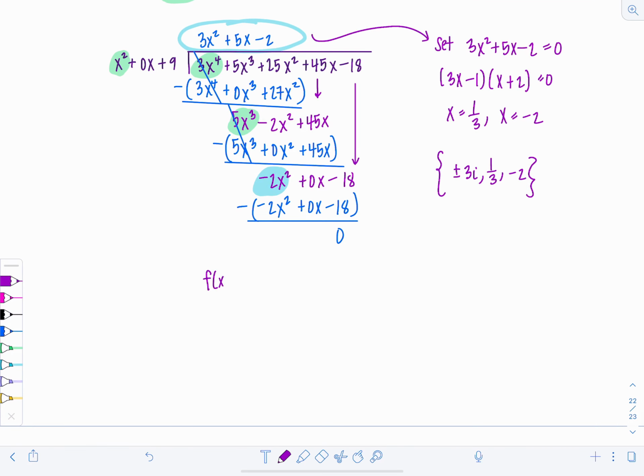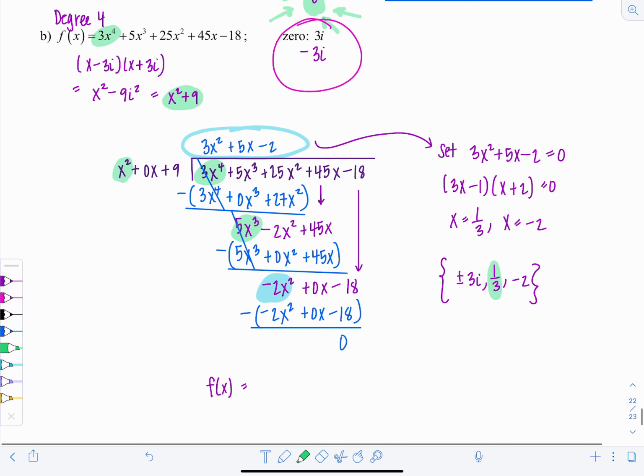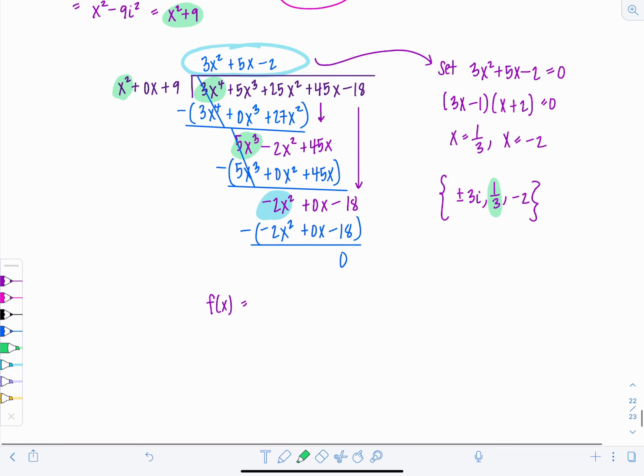So f of x would equal, now notice, remember I mentioned last time, when one of your zeros is a fraction, right, the denominator's not 1 on that rational number, and notice the coefficients of f are all integers, then what you need to do is multiply by the denominator in front. So I'll put a 3 here.